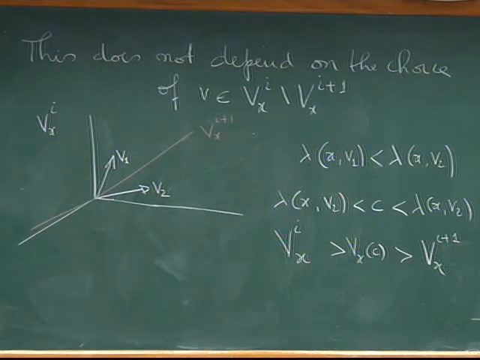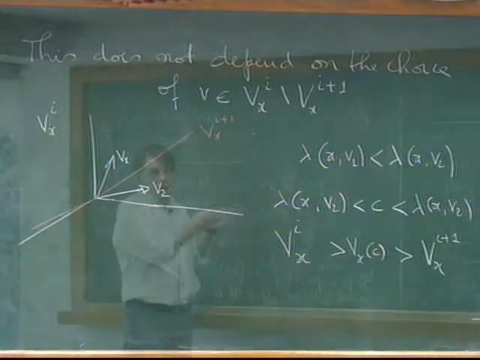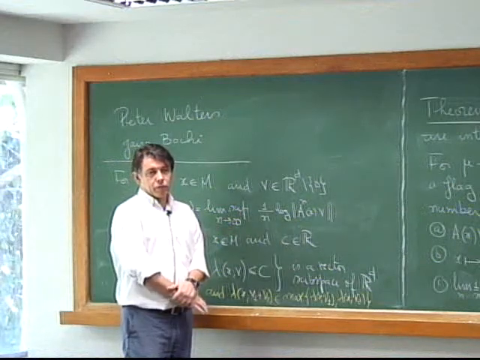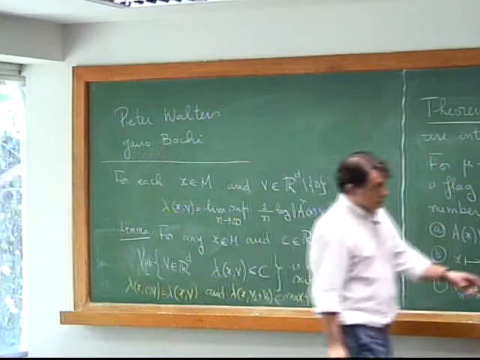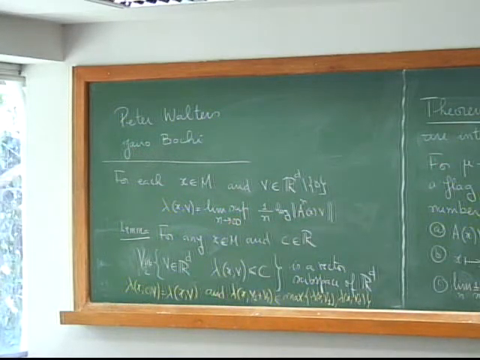So there would be some value of this function for some value of c that is in between Vi and Vi plus 1. And that is a contradiction, because these are the values, all possible values of Vcx. Okay?